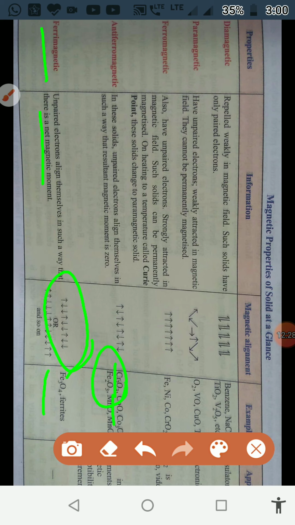Examples are all the ferrites of the form M2+ Fe2O4. Next, you can take ZnFe2O4 or MgFe2O4, all examples for ferrimagnetic substances.